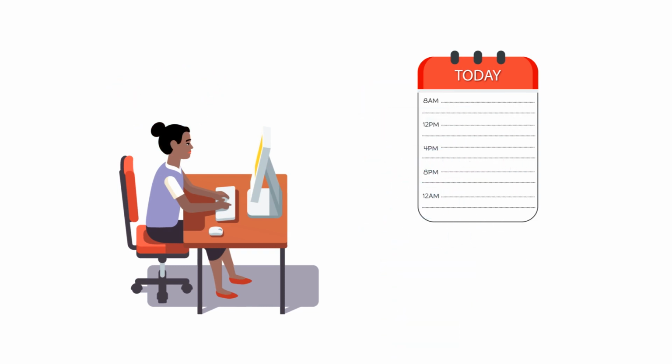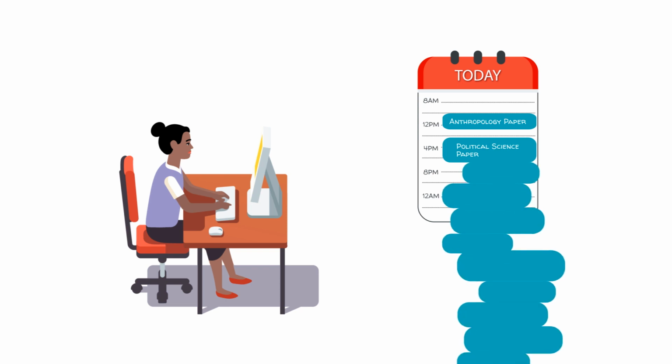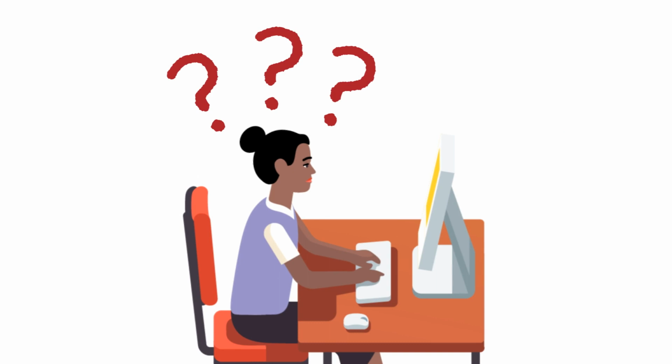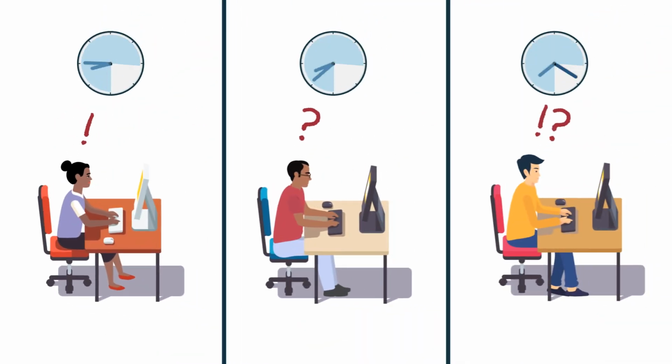You may find that the first idea you devise for your anthropology paper is brilliant. Step 1 complete. At the same time, you might be working on an assignment for your political science class and remain stuck on step 1 for weeks, trying and failing to come up with a good idea for your paper. How does this happen? In short, this did not happen because you're a bad writer.